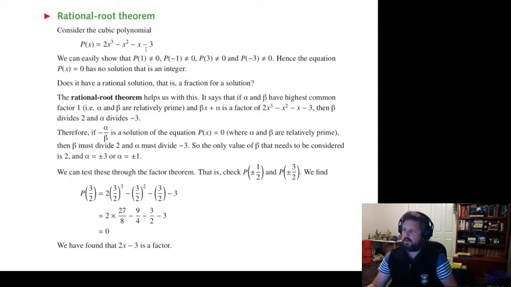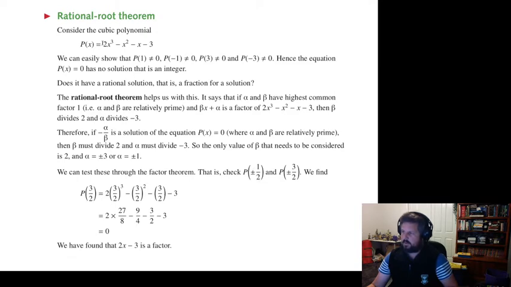And the alpha value, we need to try each of the factors of this number on the end, the constant. So as we said before, all of the factors of that are positive and negative 1 and also positive and negative 3. So essentially what we're going to be doing is checking, substituting in, as we said, the beta value is going to be on the bottom.